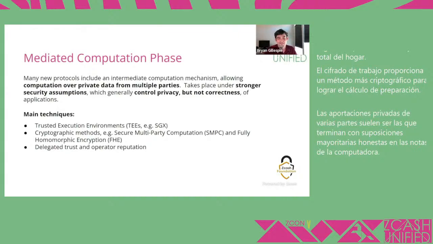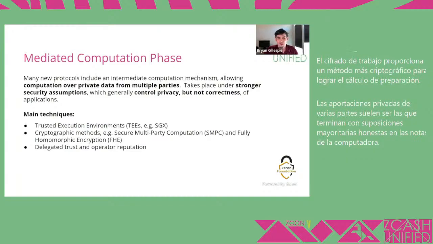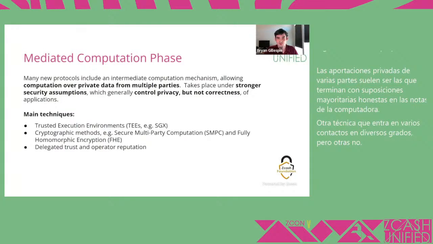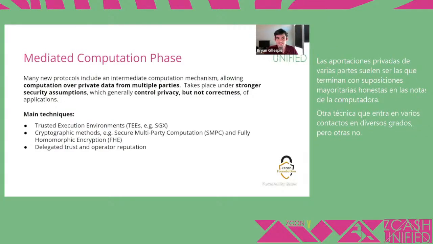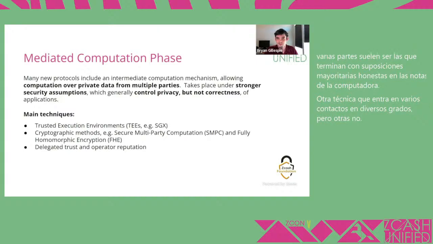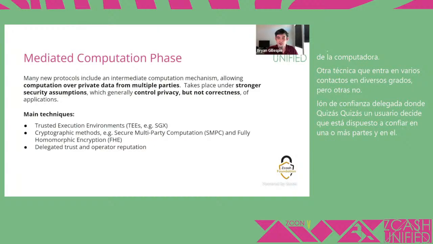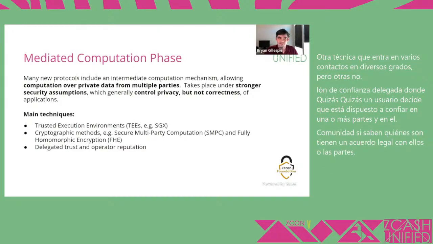Finally, another technique that comes up in various contexts to various degrees is some notion of delegated trust, where perhaps a user decides that they are willing to trust one or more parties in the community if they know who they are, or they have a legal agreement with them, or the parties are known to have a good reputation. Then they can be trusted to act on the user's behalf and preserve their privacy.